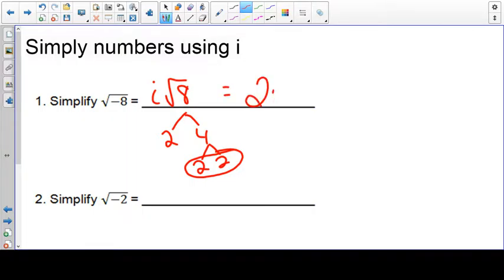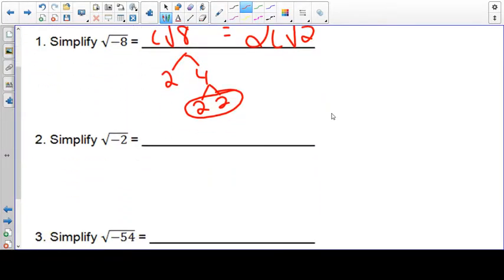So I have 2i root 2. Alright, the second one. 2 only breaks down into 2 and 1, and so that doesn't really work. So I can't break that down, but I can take the square root of that -1. So I have i square root of 2.